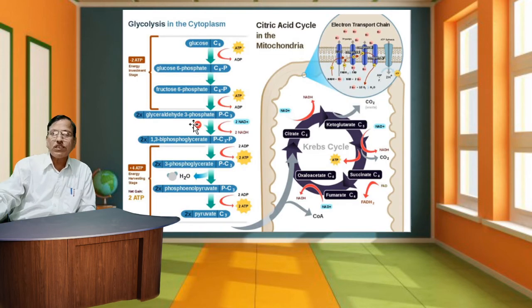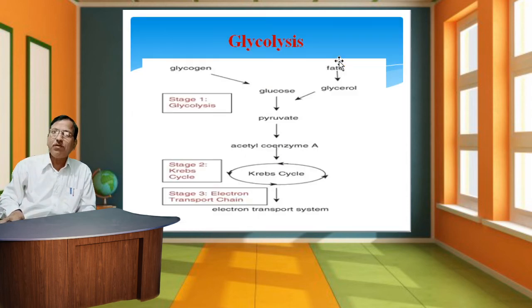The last product, pyruvate, is formed in the cytoplasm and is the end product of glycolysis. It is utilized in the next steps of carbohydrate metabolism: the citric acid cycle in the mitochondria, and then the electron transport chain. This is how glucose is converted and utilized by living organisms.